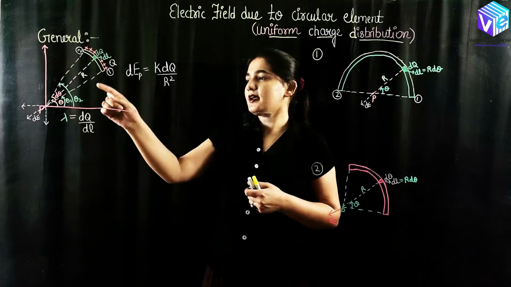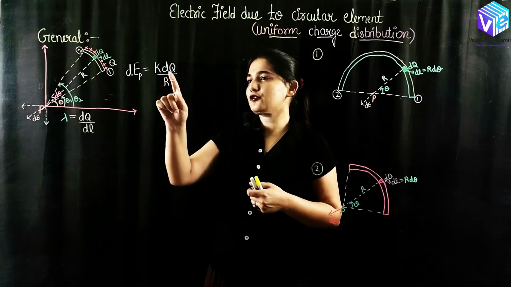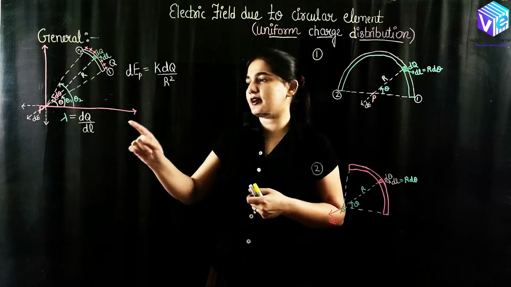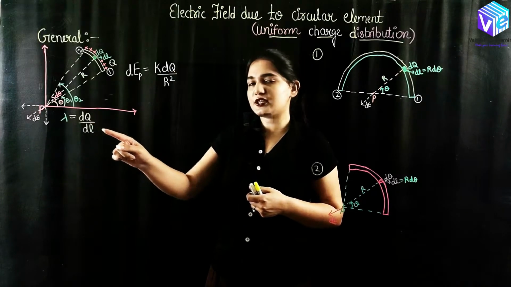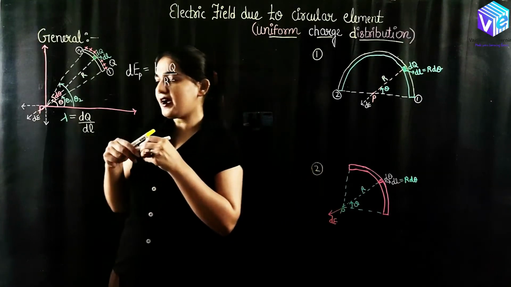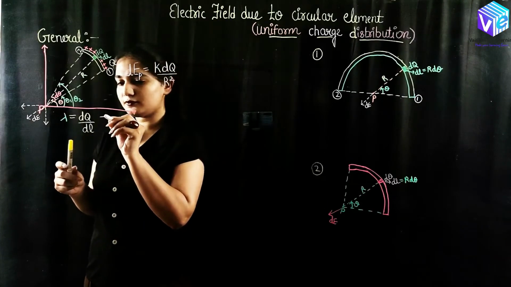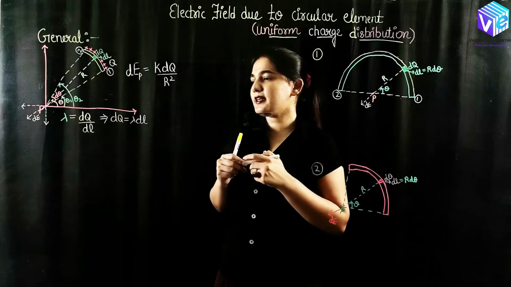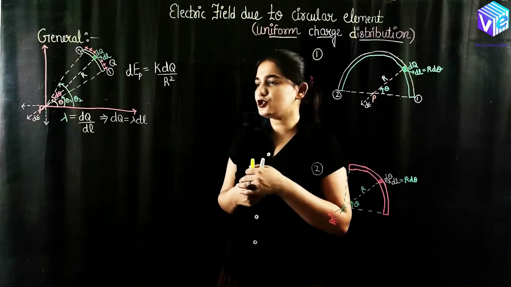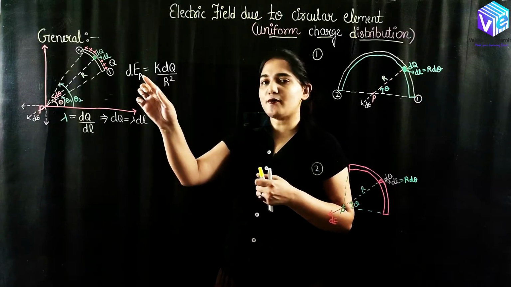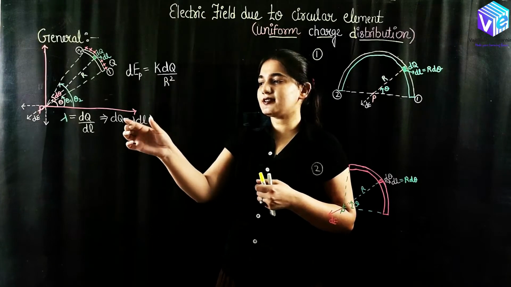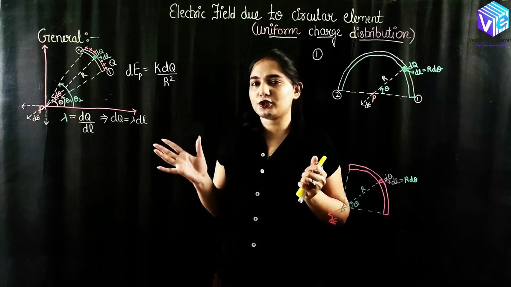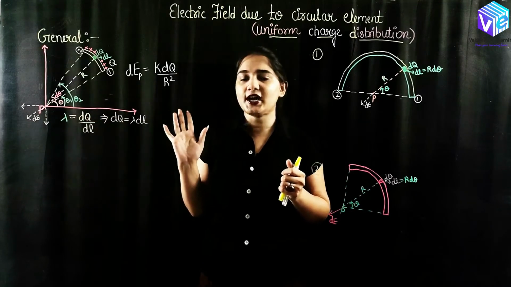Since the term used in the formula is dq, I need to find dq, which will be represented as lambda into dl. Now in this formula I will put this dq and find the total electric field due to the point charge.